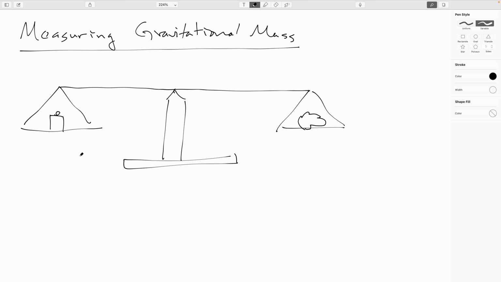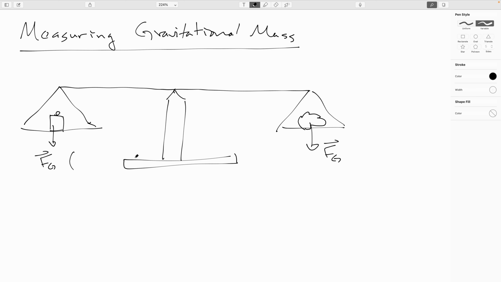Or if I want to get all fancy about it in light of the new SI, instead of this being another weight here, I would be applying a known magnetic force. Now you think what I'm doing here is I'm actually comparing the gravitational force here, and if I'm using a secondary reference standard, I would be comparing it against the gravitational force here.